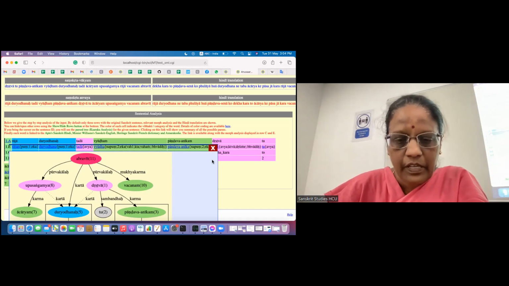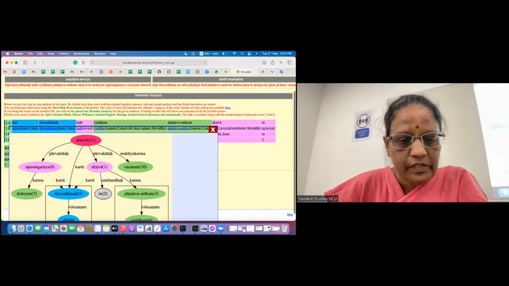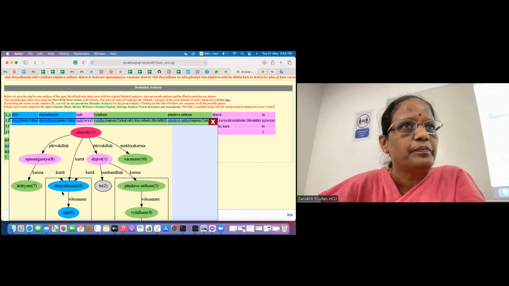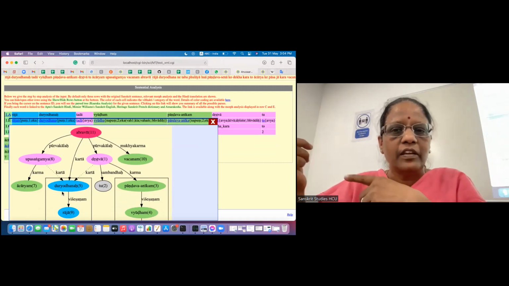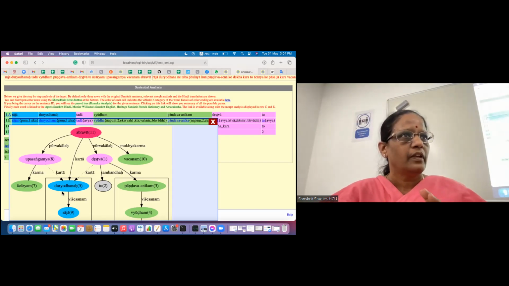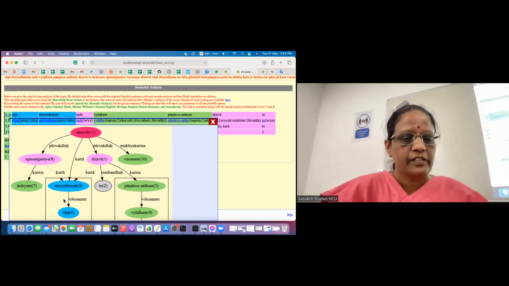So here the machine produces the correct analysis: Raja is the adjective of Duryodhana, whereas the Google Translator has separated the king and Duryodhana, and it appeared as if these two are two different objects, whereas here our system has shown that this Raja is an adjective of Duryodhana, so the king Duryodhana.